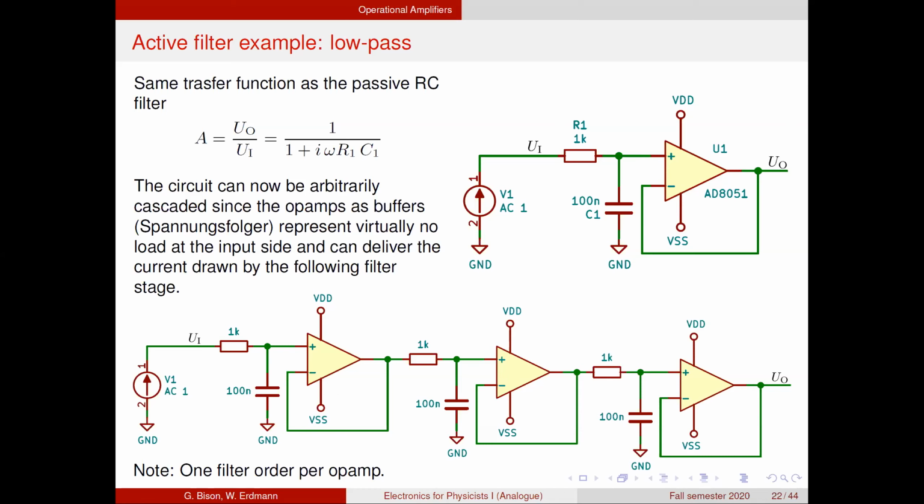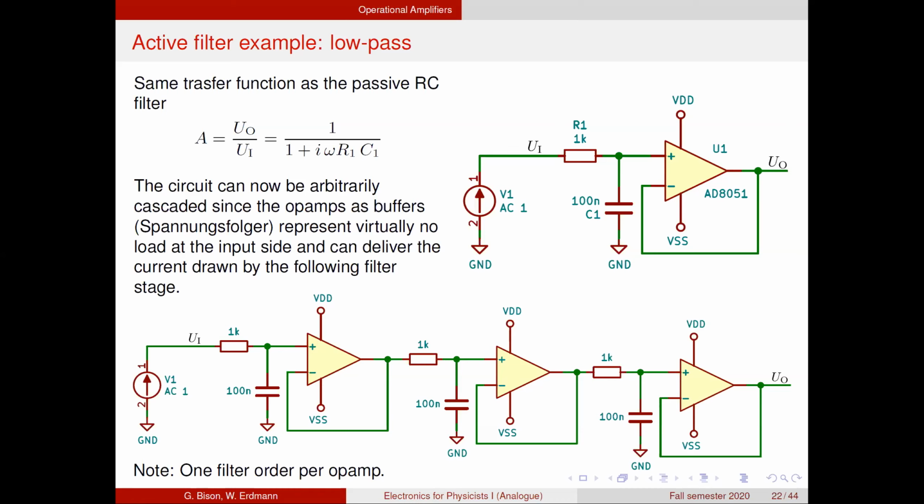Now we can forget all that, because the buffer prevents this filter from being any load on that filter. So this means we can combine an arbitrary number of filters, and we do not have to care about the values of the components, since the op-amps take care to deliver the necessary current.